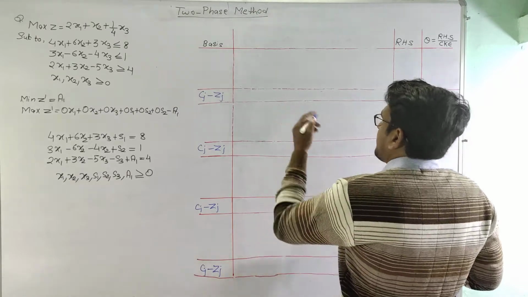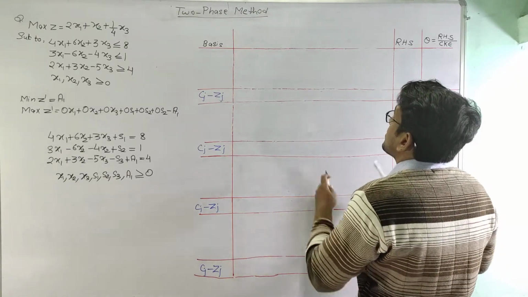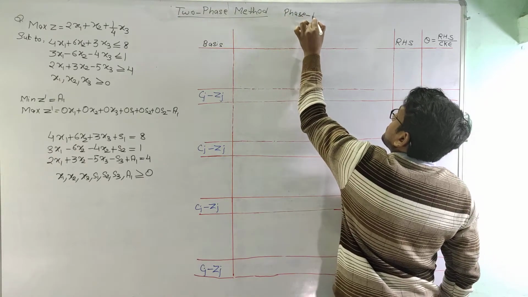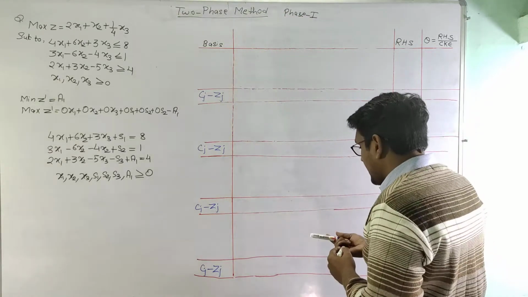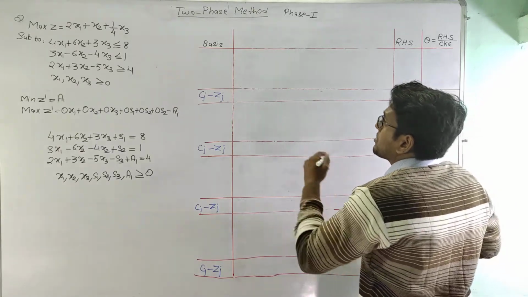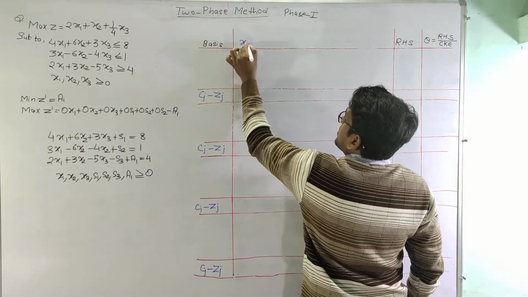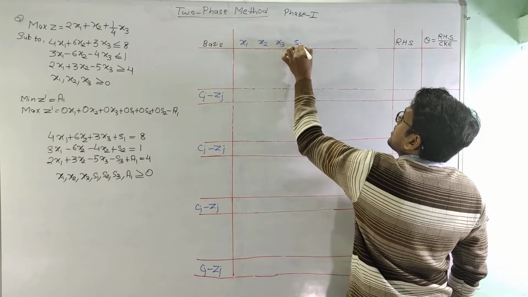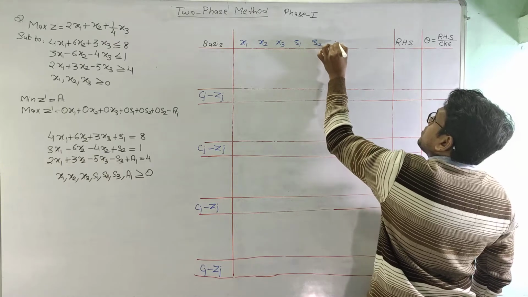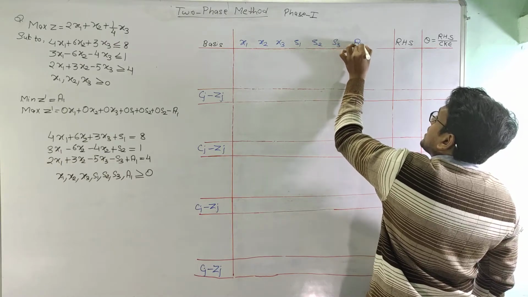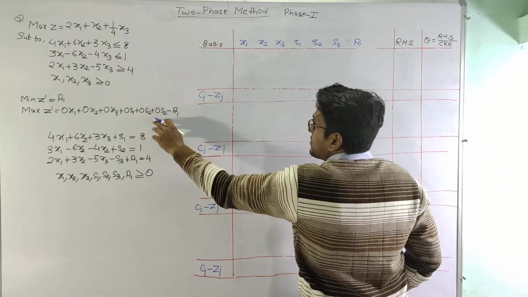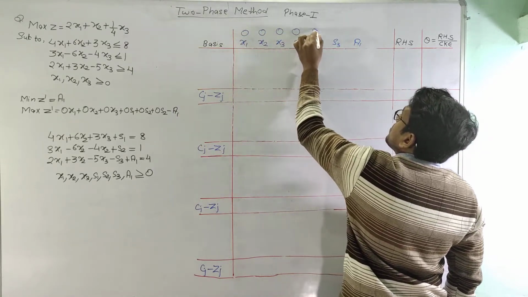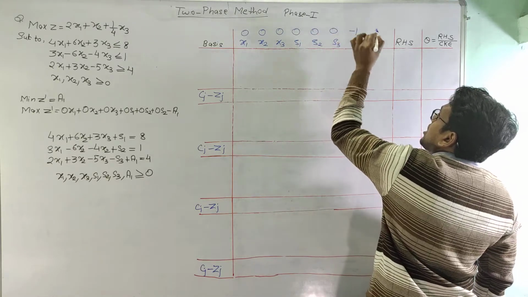This is phase 1, and in this phase we will write the objective function as x1, x2, x3, s1, s2, s3 and a1 with the artificial objective function coefficients as 0, 0, 0, 0, 0, 0 and minus 1.